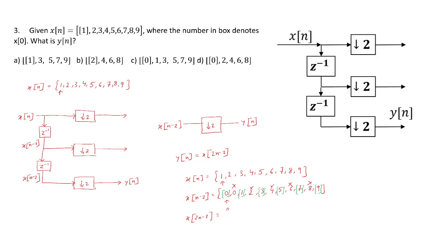To obtain x of 2n minus 2, this shifted and downsampled sequence is as follows, which is the sequence y of n. We obtain the output of this third branch. Therefore the third option is the correct one for question 3.